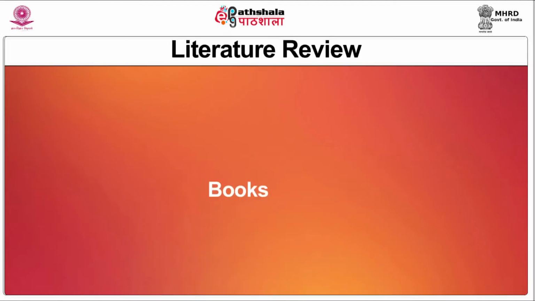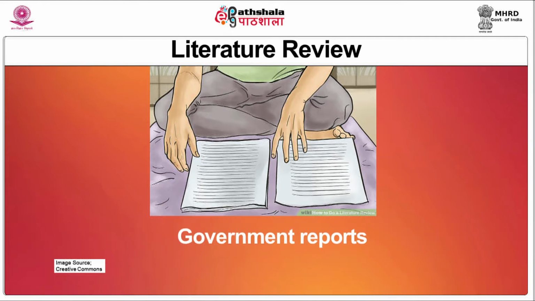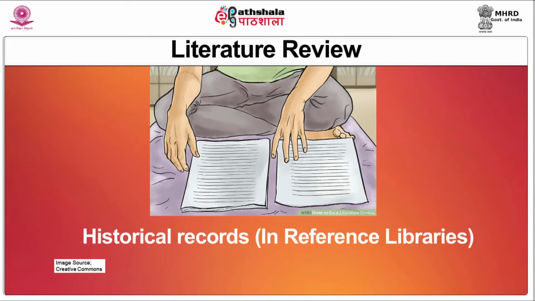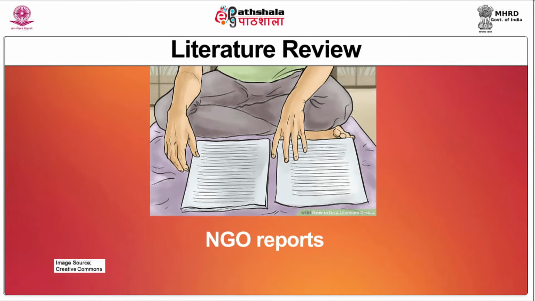Even though it depends on the nature of the study, let us discuss some of the commonly known sources of literature as follows: books, book chapters, research journals, PhD and MPhil theses and dissertations, government reports, historical records, that is in reference libraries, national archives and state archives, NGO reports.